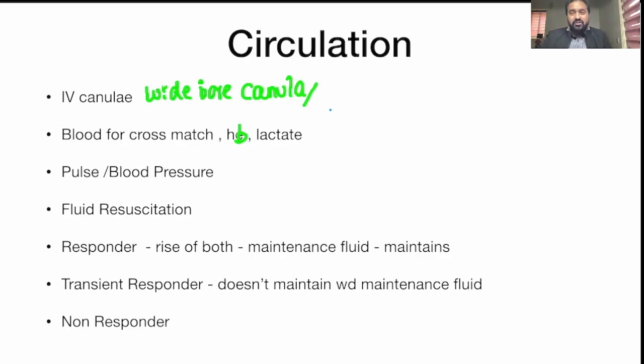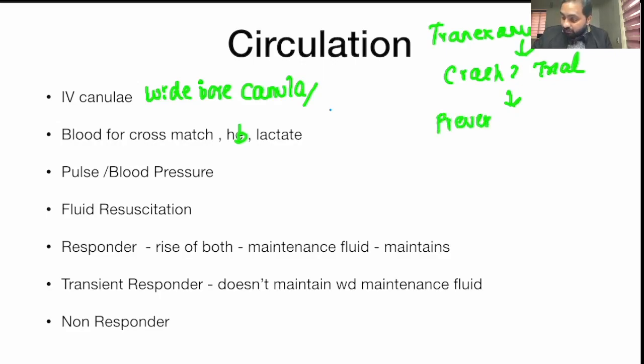In case of circulation, I would like you all to remember a few more important points, right? There is an antifibrinolytic drug in the market, which is tranexamic acid, right? It has been suggested by some trials like the CRASH-2 trial that giving tranexamic acid is going to reduce the risk of mortality and morbidity in major traumas.